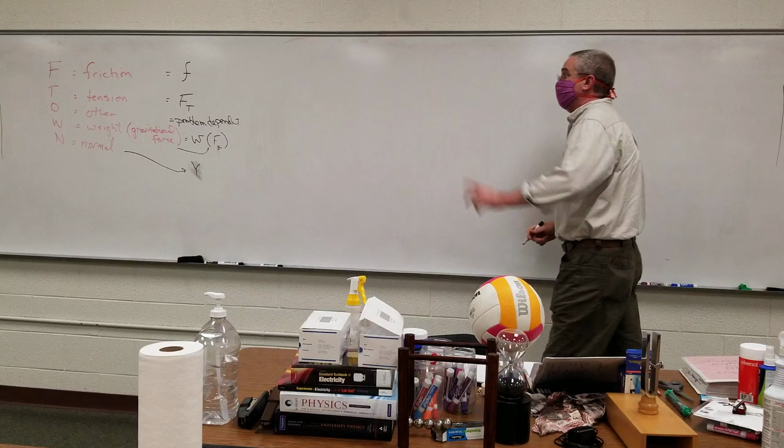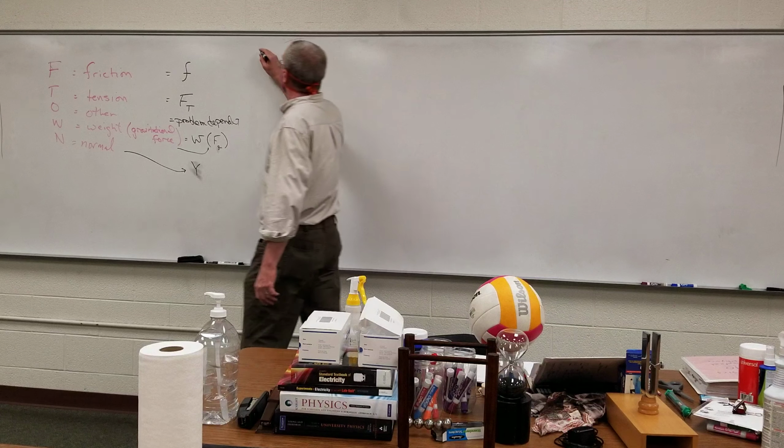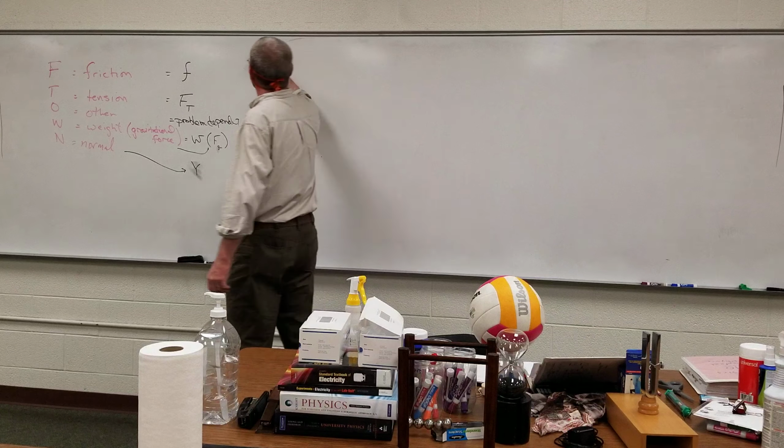All right, the thing that I did skip over last time is requirements. As you're looking at a situation, how do you know whether a force is even at play or not, much less where it's acting and in what direction? So for friction, there needs to be contact, and there needs to be desired relative motion.